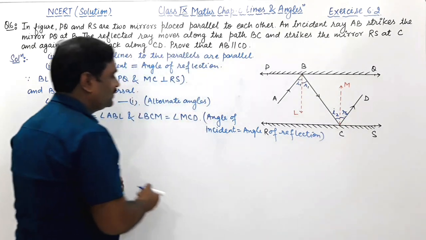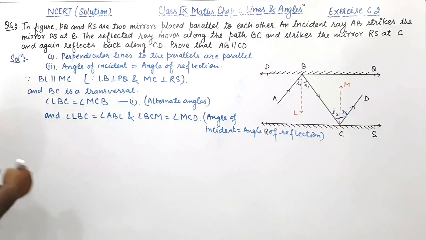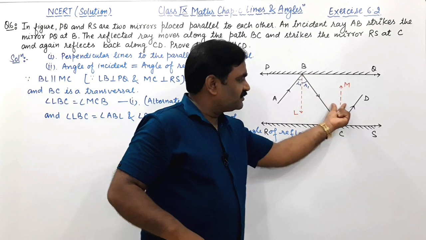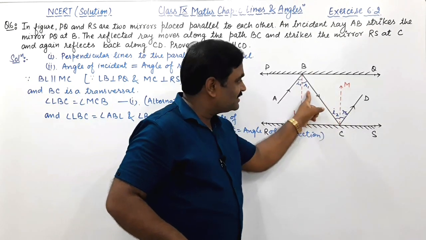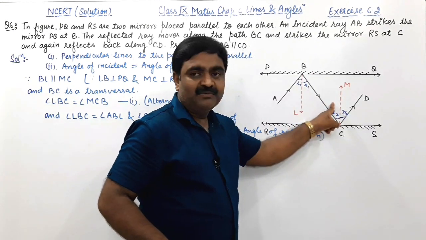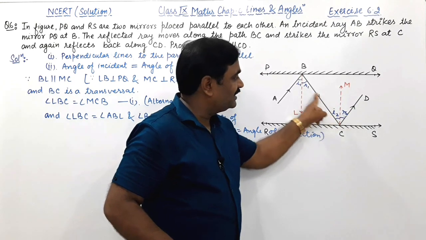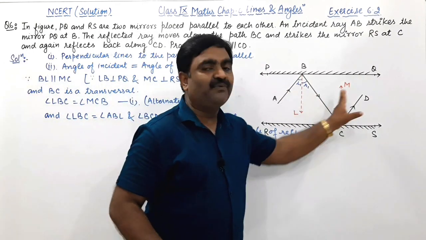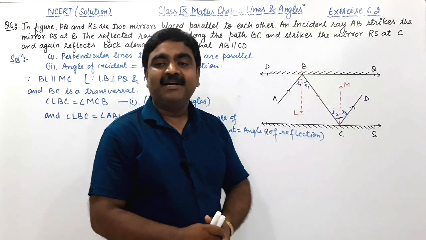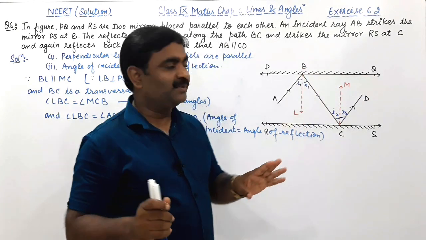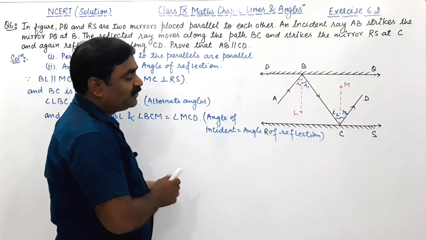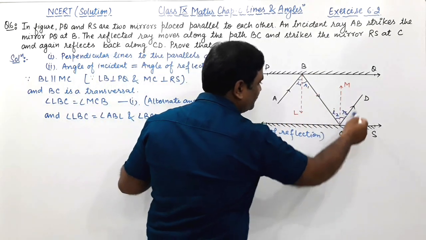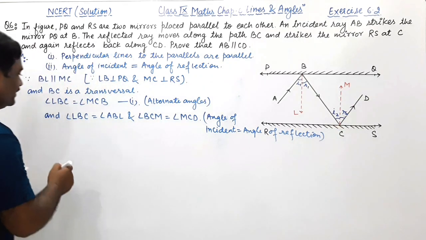Right students? Okay, now what you can say: this angle is equal to this angle, this angle is equal to this angle, and this R1 is equal to I2. It means if these two angles are equal from equation first, then you can say that all four angles are equal. That means angle ABL is equal to angle MCD, right?